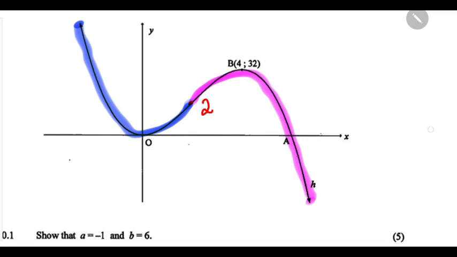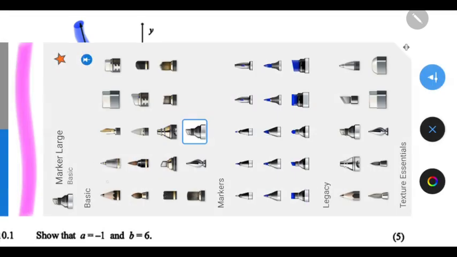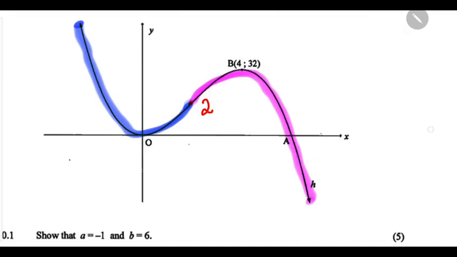So we need to give the answer where this graph is concave down. The graph is concave down from this point of inflection here. So all the values on the right hand side, all the values x greater than 2, the graph is concave down. So the answer is therefore x greater than 2, the graph is concave down.